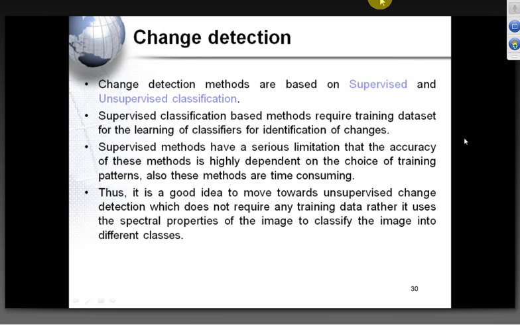Supervised methods are even more time consuming as compared to unsupervised classification methods. In case of unsupervised change detection methods, no ground truth is required for further analysis. So it is a good idea to move towards unsupervised change detection rather than supervised change detection.